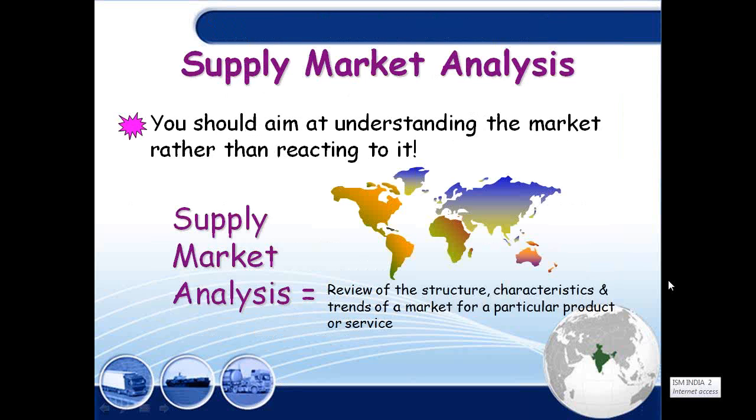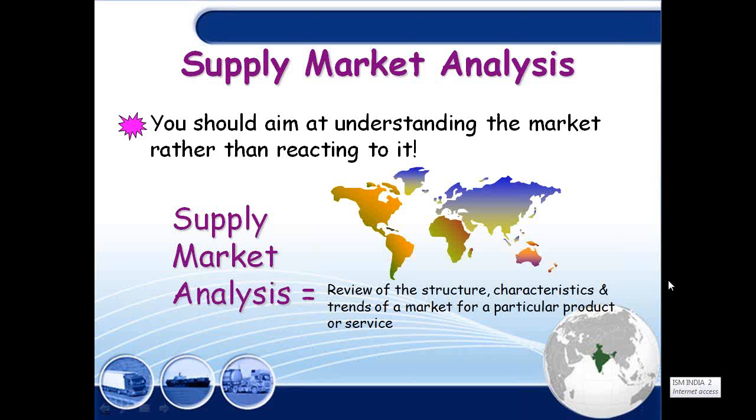Now here comes supply market analysis. You can see the whole world is open. At the bottom, as you can see, supply market is equal to review the structures, the characteristics of the supplier and the buyer. Both are very important around. As a buyer, my characteristics, and as a supplier, their characteristics.